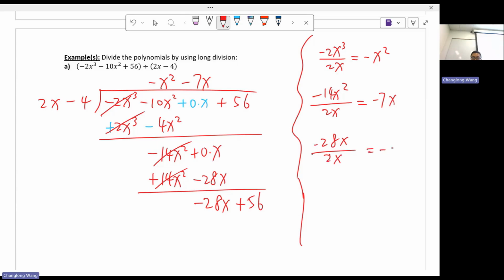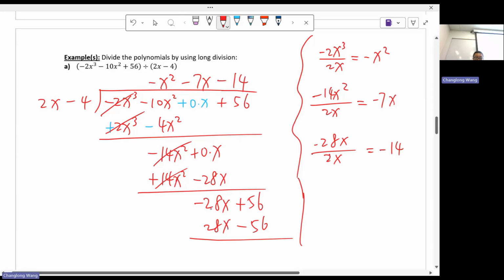All right, so you're going to get negative 14, right? X canceled. So negative 14 goes here, right? Coming back, negative 14 hits the 2x. It will be negative 28x, but flipping the sign, you get positive 28x. Negative 14 times negative 4, it will be positive 56, but make it opposite. Okay.